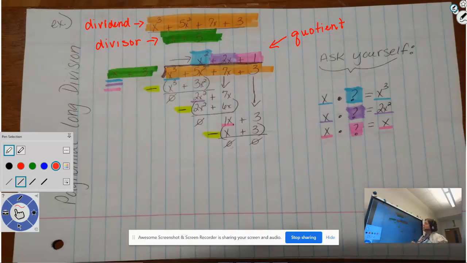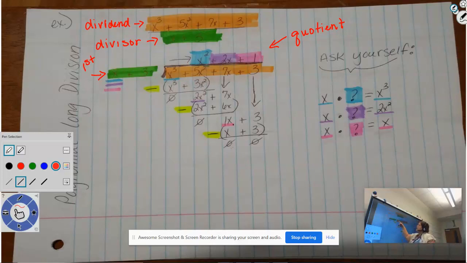The other term I want us to become familiar with is first term. When we talk about the first term, I'm talking about the first term that appears in any polynomial. Sometimes there's a coefficient, which means a number in front of the variable, and sometimes there's not. This one doesn't have a coefficient.